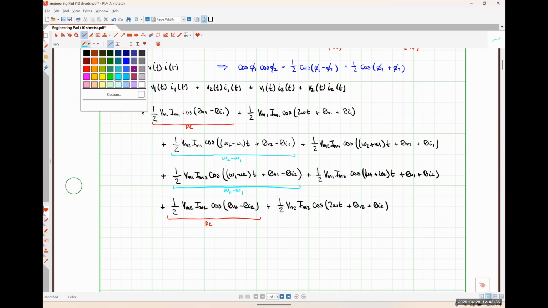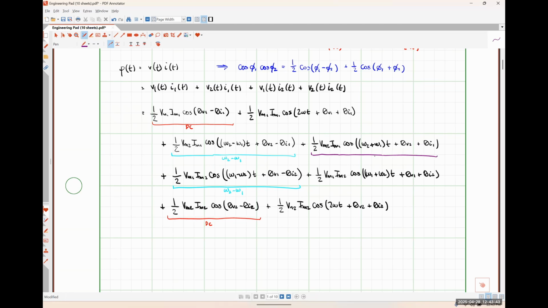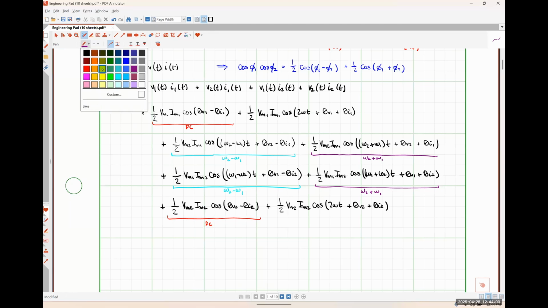A little bit easier to see are these terms right here. This is a term with a frequency of omega 1 plus omega 2, and this one is also at that same frequency of omega 2 plus omega 1. Now we've got this one right here, which is at a frequency of twice omega 1.